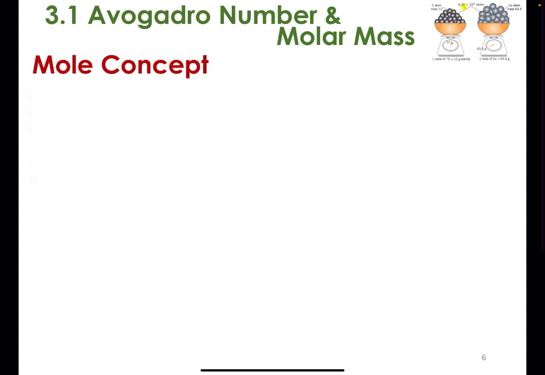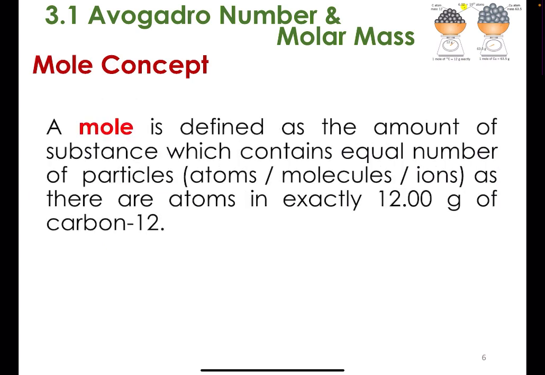So let's get into the real definition, where a mole is defined as the amount of substance which contains an equal number, I emphasize here, equal number of particles. And as I mentioned before, your particles can be atoms, molecules or ions, as there are atoms in exactly 12 gram of carbon-12.